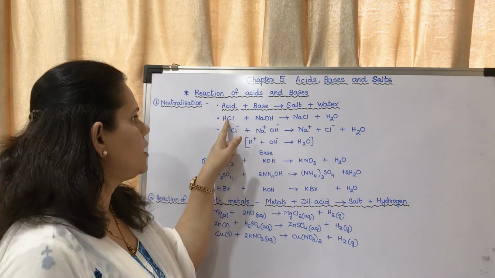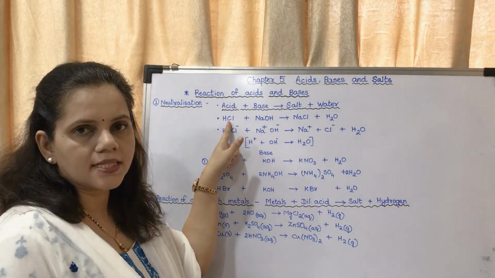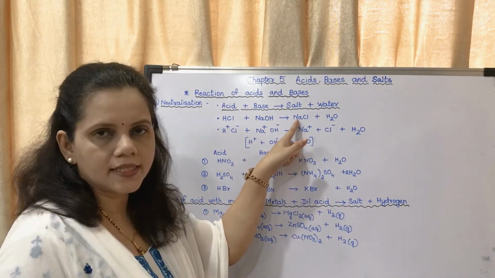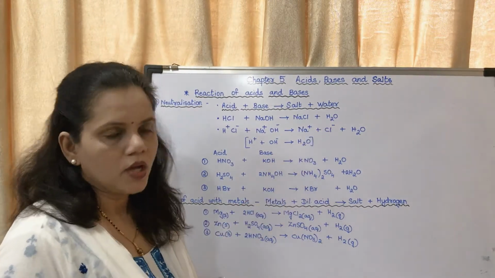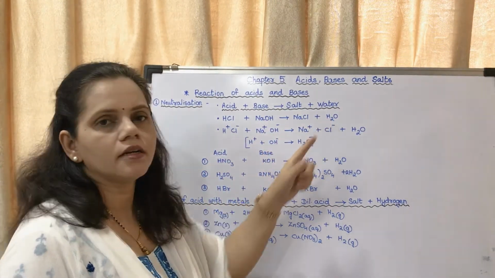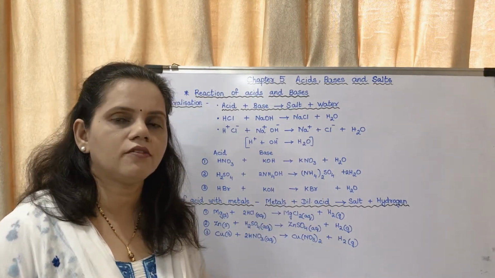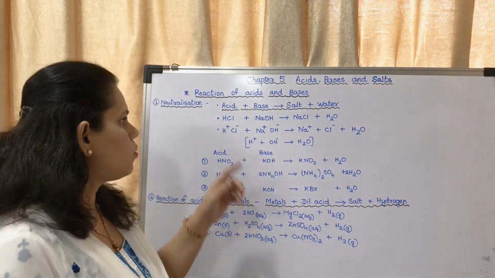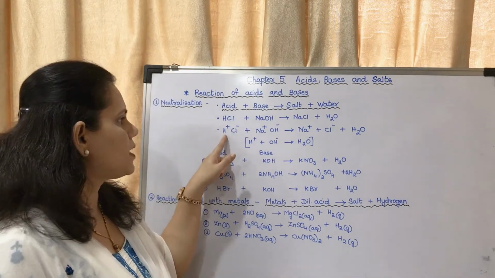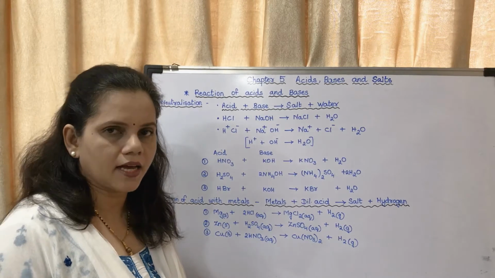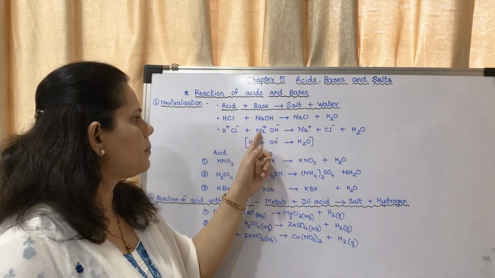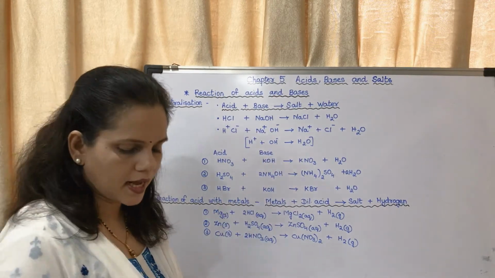This is the complete reaction which is taking place. What is the reaction? Acid, that is HCl, reacts with NaOH to form NaCl and H2O. So an acid reacts with a base to form salt and water. This is basically what neutralization is. The HCl gets dissociated into H plus ions and Cl minus ions, and NaOH gets dissociated into Na plus and OH minus ions.